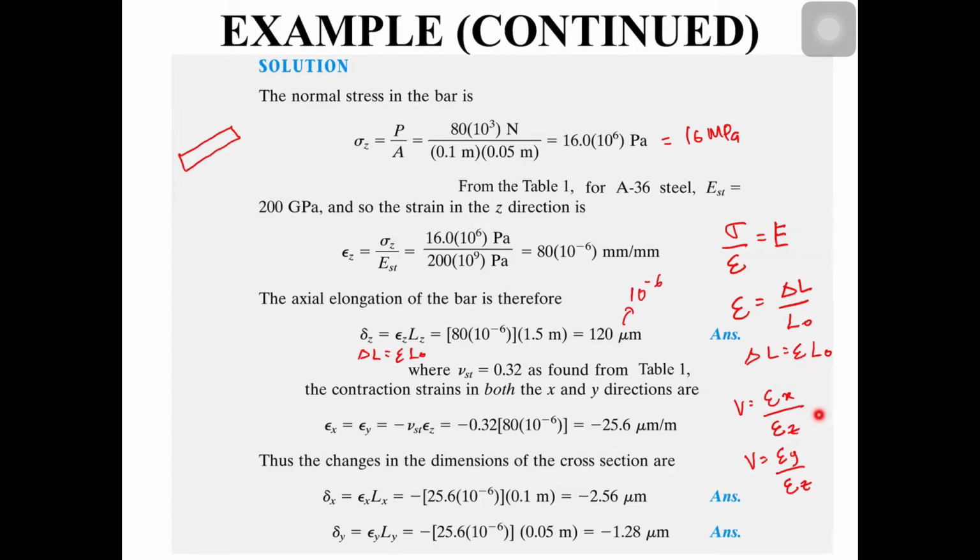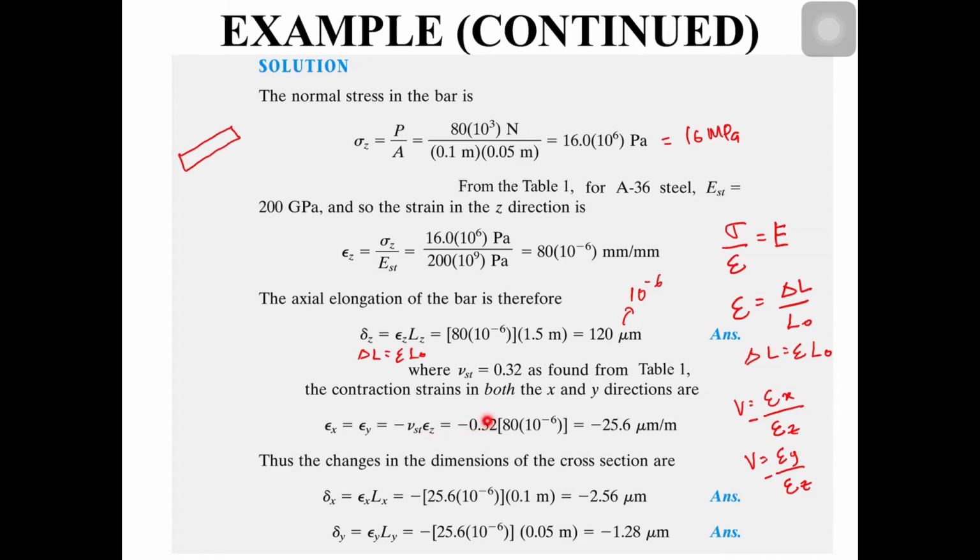Both epsilon x and epsilon y are lateral, so we have the same equation. Epsilon x and epsilon y equal minus nu times epsilon z.